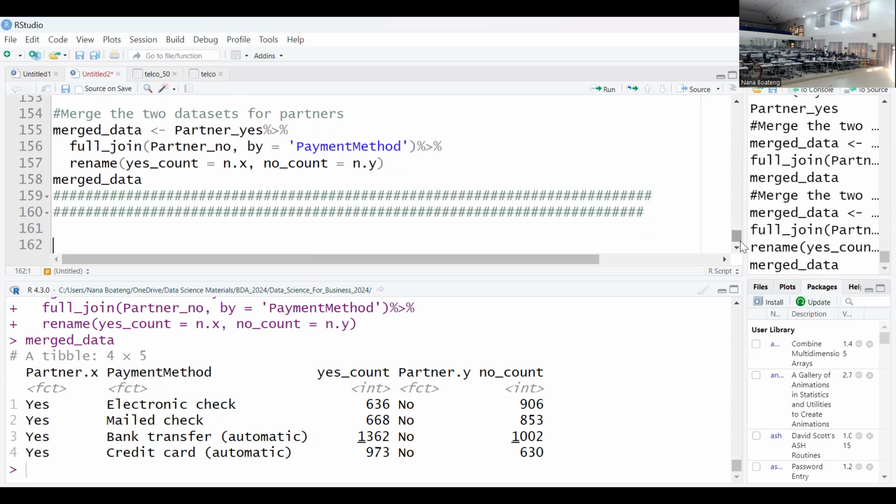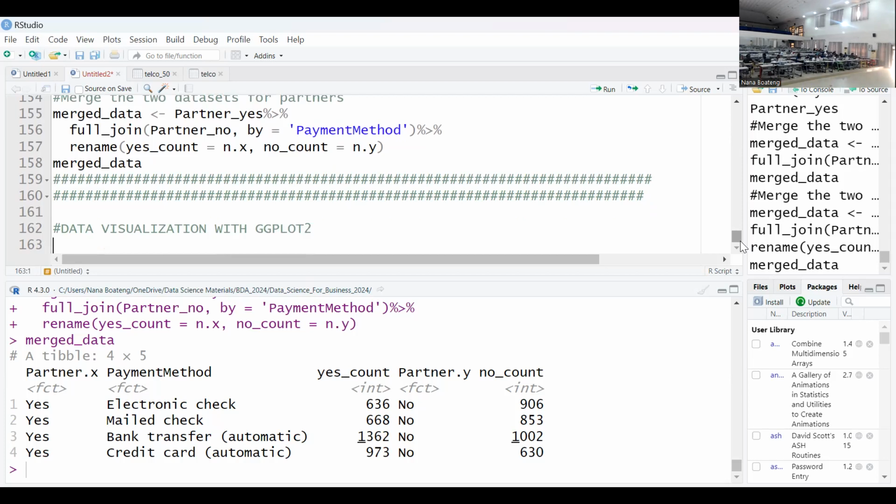All right. Let's visualize with ggplot2. First of all, install ggplot2.